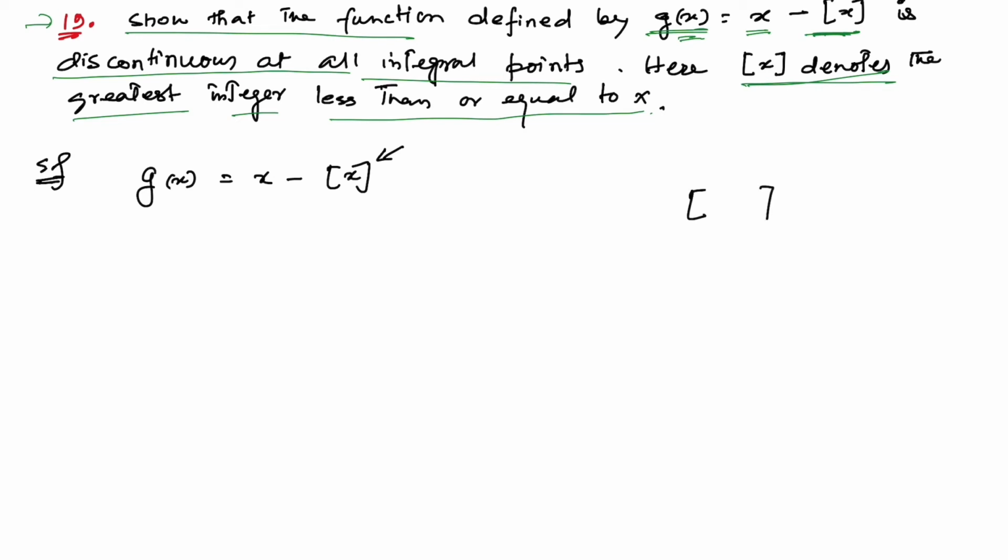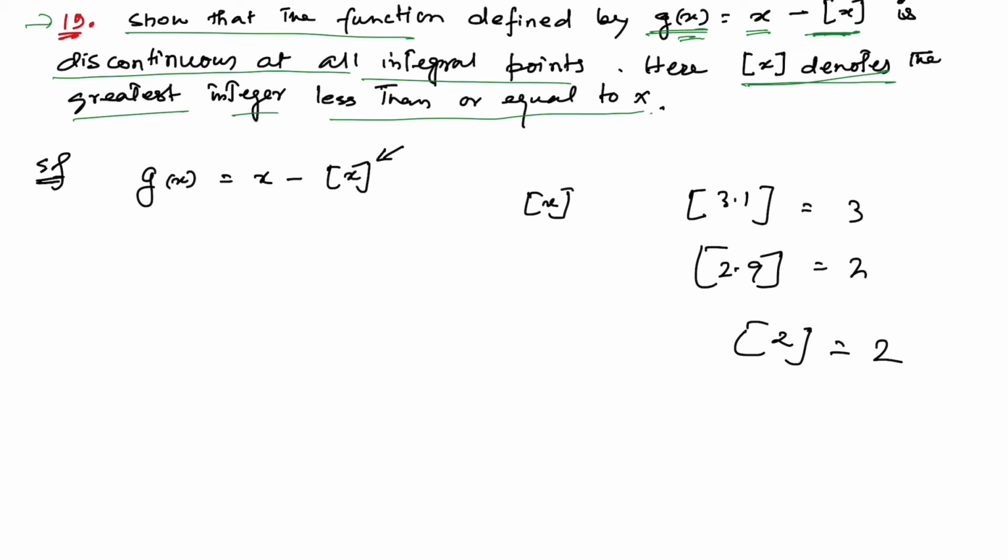Suppose you have 3 point something, then the greatest integer is 3 only, and if you have 2 point something, then we have to write 2. If you have 2, then it will be 2. So I hope you have understood the meaning of this function.